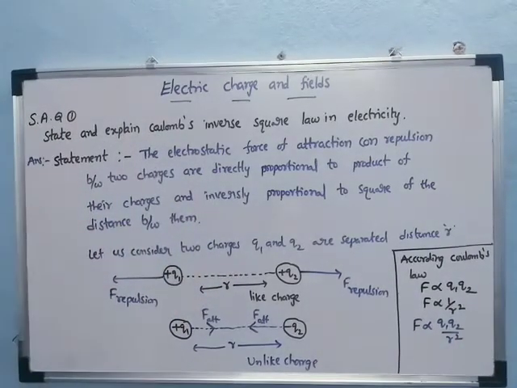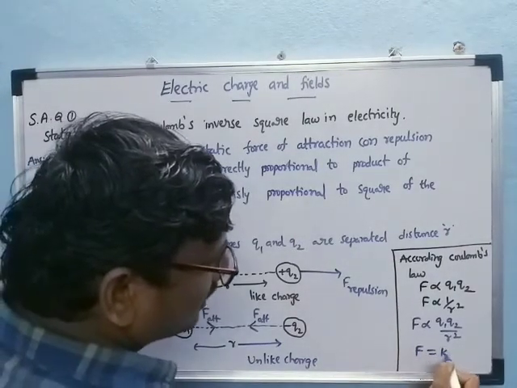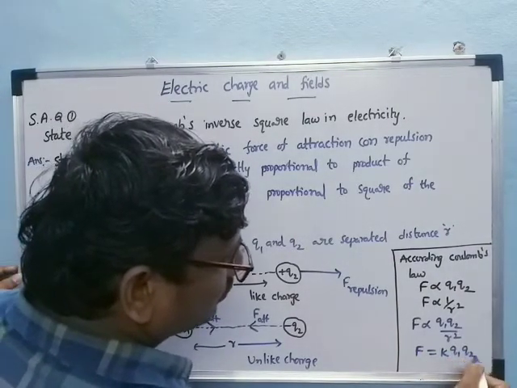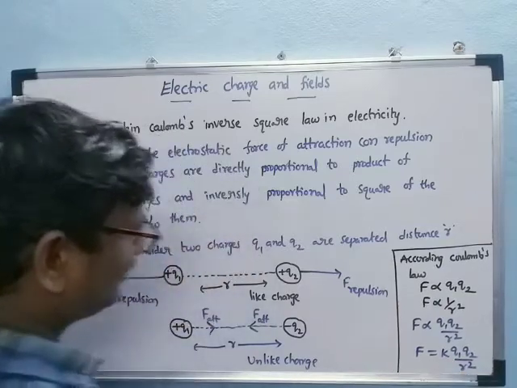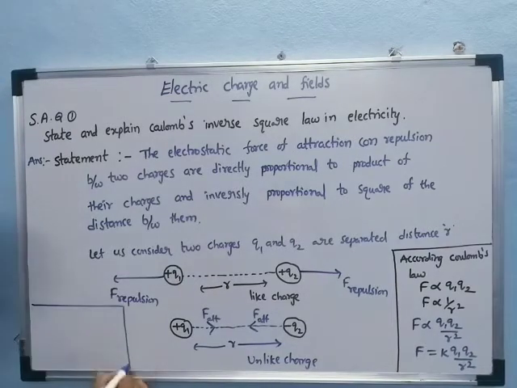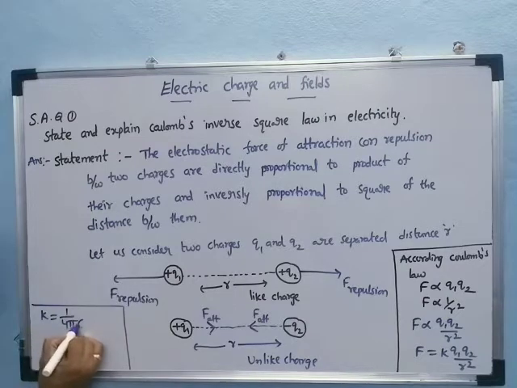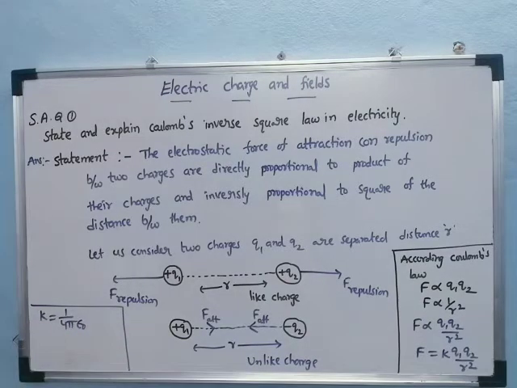When the proportionality sign is removed, we take a constant, that is F is equal to K into Q1 Q2 by r square. K is called the proportionality constant, and K is equal to 1 by 4 pi epsilon naught.